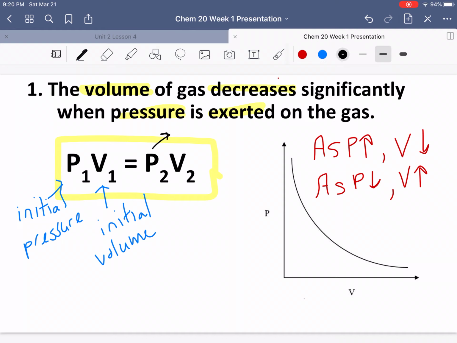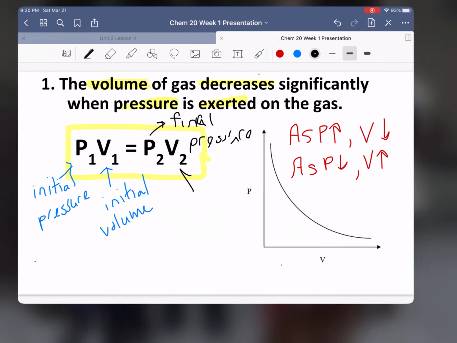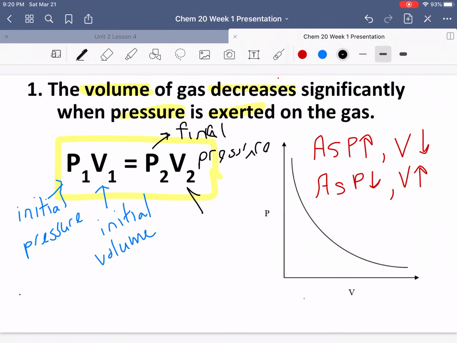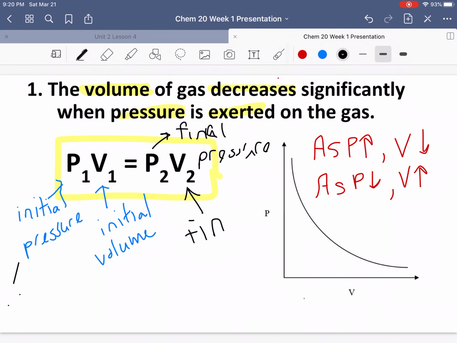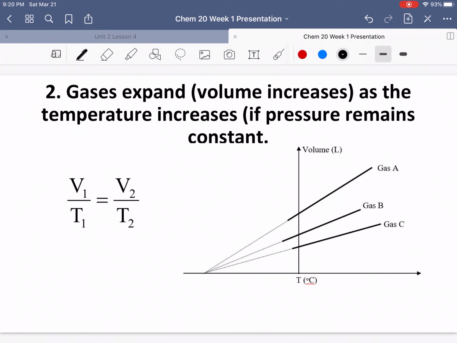P2 is a final pressure, and V2 is our final volume. Sorry if I'm making you seasick, I'll get used to this. I'll try to get my writing better here. That's supposed to say volume. Final volume. Okay, well, let's move on.